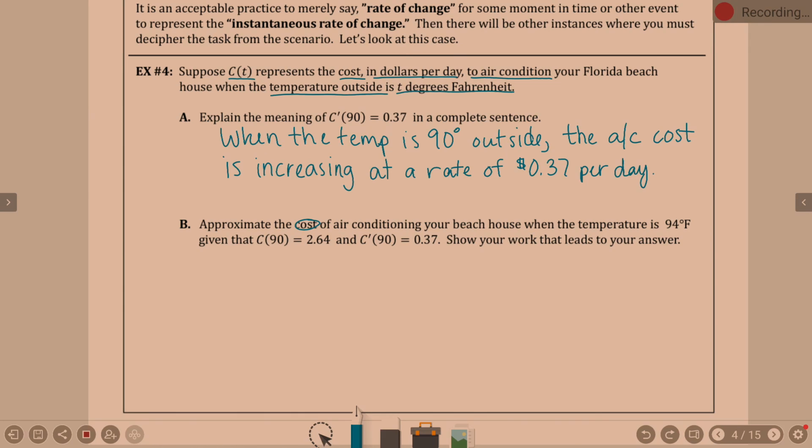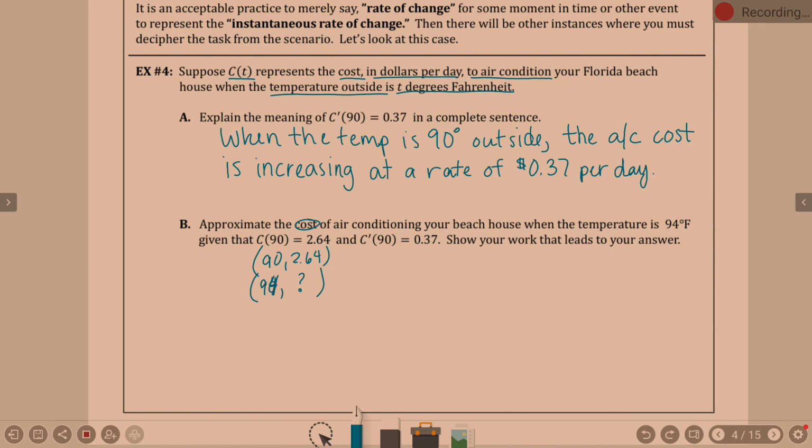We know the ordered pair 90, 2.64, right? We want to know 94, right? We know at 90 degrees, it's 2.64. At 94, we want to know that.